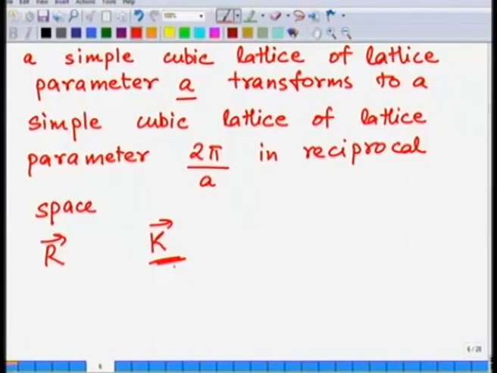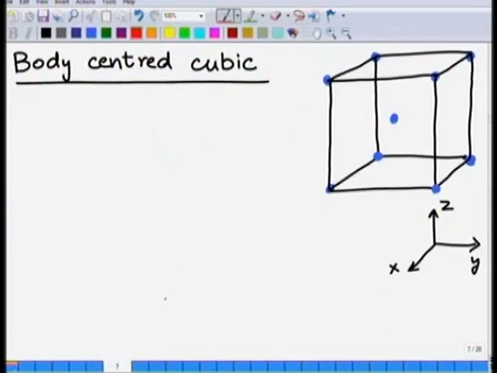Now, we will move on to body centered cubic. Yesterday, in the last lecture, when I was doing the direct lattice for body centered cubic, the primitive vectors were not looking very nice, so I am going to draw that again. Let us first write down our primitive vectors in direct lattice.